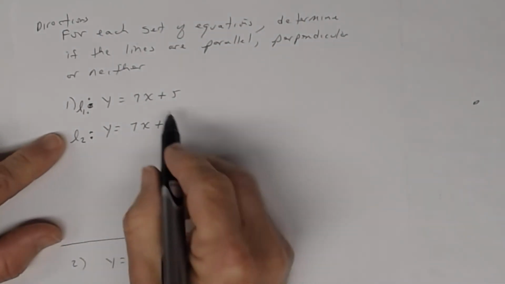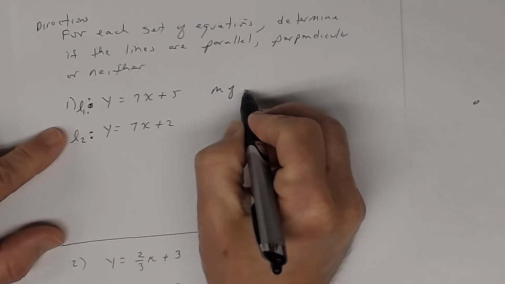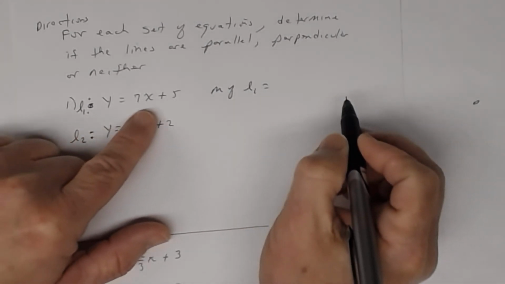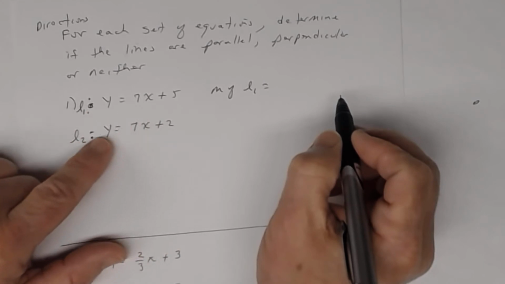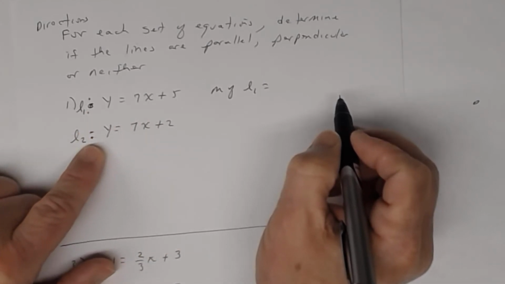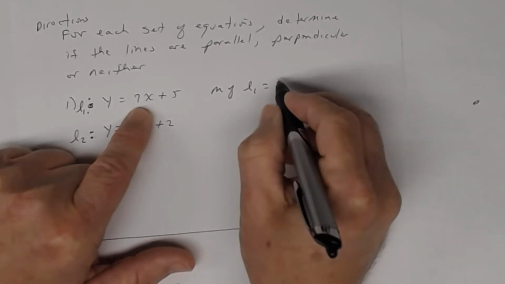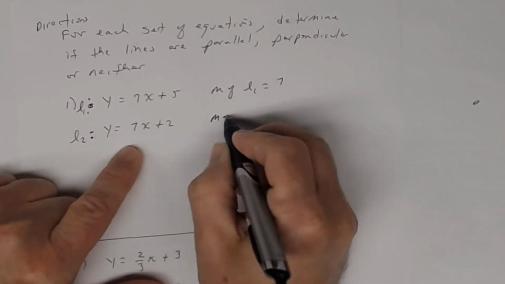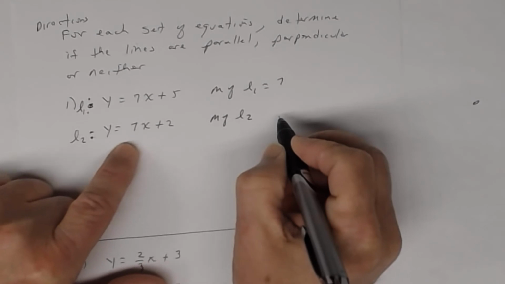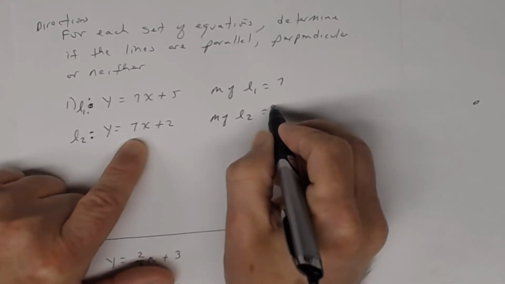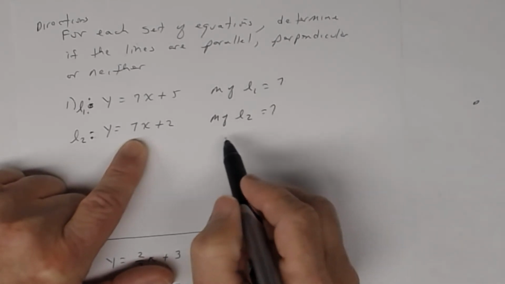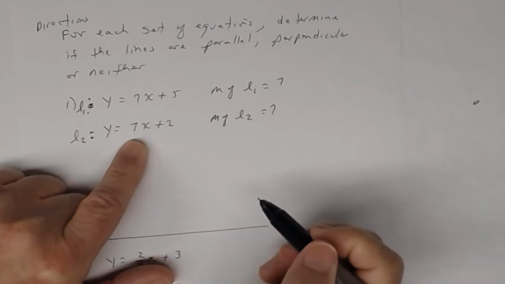So the slope of line 1 equals what? Y is already by itself, so these are already in slope-intercept form, so that's the easy kind. Slope of line 1 is 7. What's the slope of line 2? Slope of line 2 is also 7. So since their slopes are the same, those two lines are parallel.